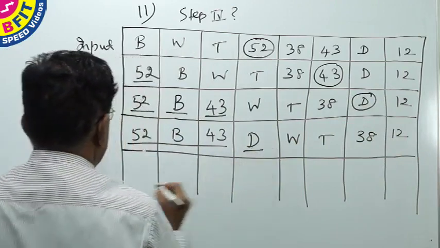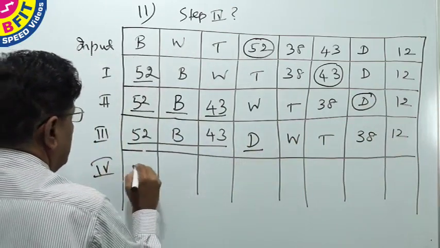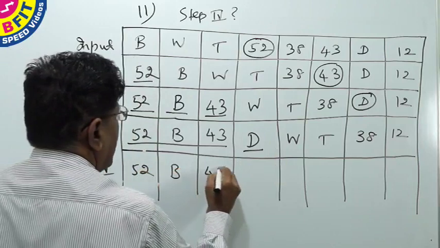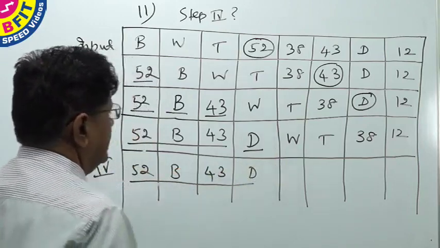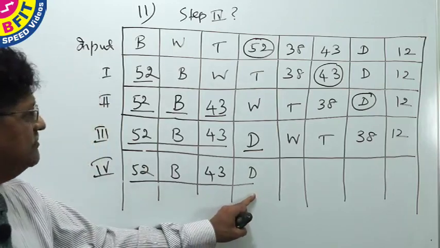We have changed D. So step 4: 52, B, 43, D, simply inherit. Then after D, what should come?